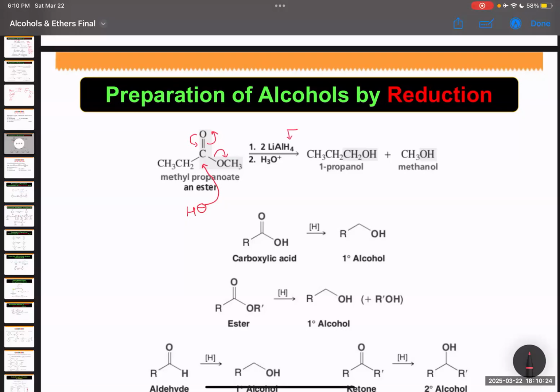So this aldehyde will be reduced further, more H minus will come in, and it will reduce further until you get an alcohol. So this bond is going to get cleaved. You are putting H, then you are putting more H, so you are going to end up with alcohol, and this methoxide came out, and that also gave an alcohol. So if you carry out the reduction of esters, you end up with two alcohols. I hope this is clear to everyone.